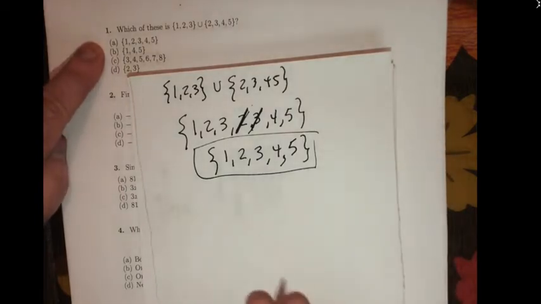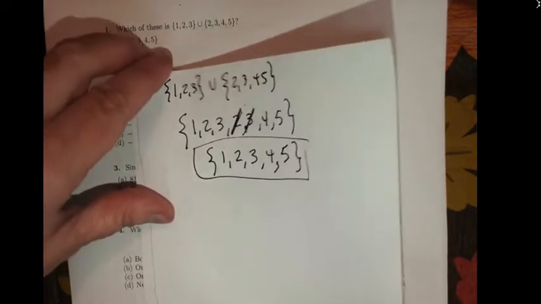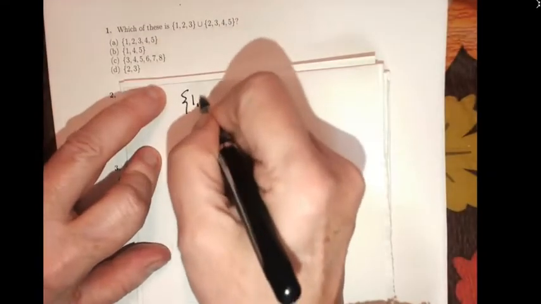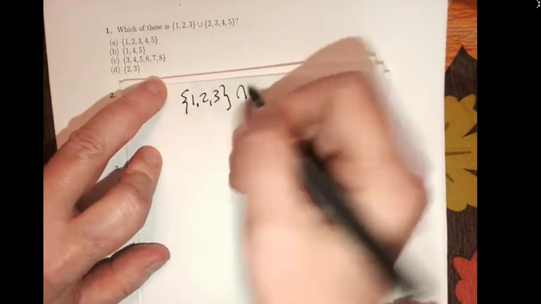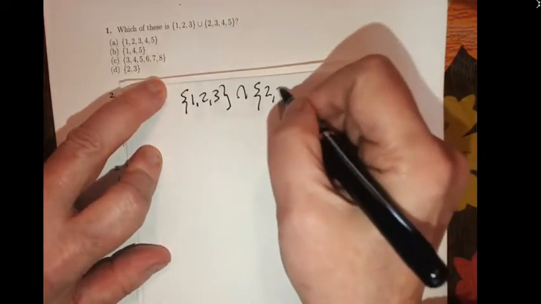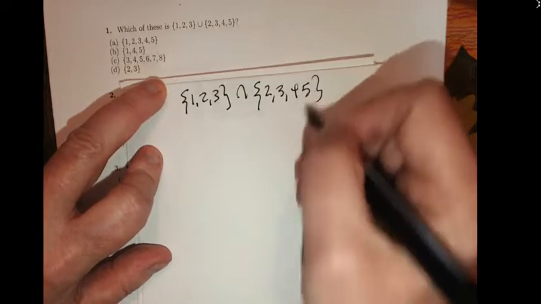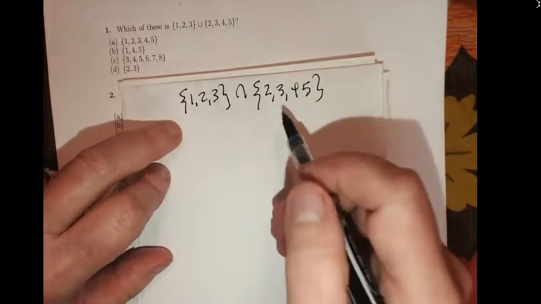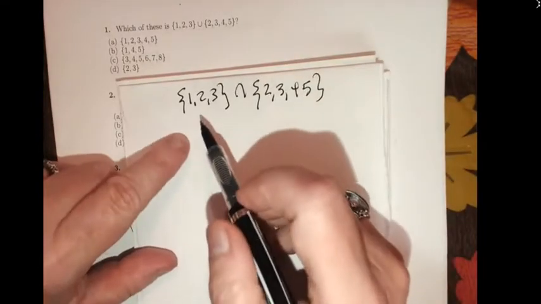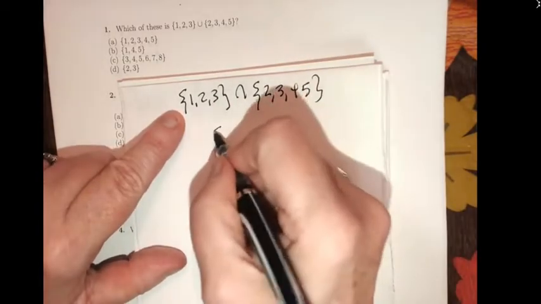If the question had been union, it's just as likely, because it's an online test bank, that you will get the intersection question. So let's see what the answer would have been if it had been intersection. With intersection, the set you form can only be elements that are in both sets.